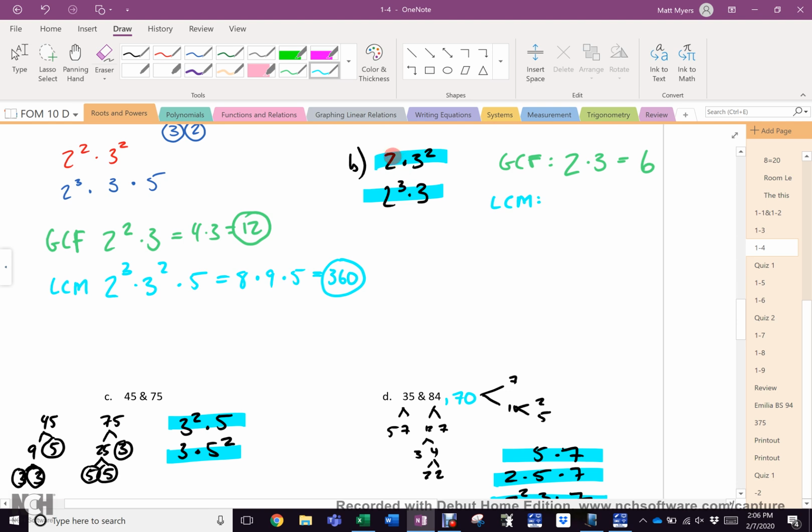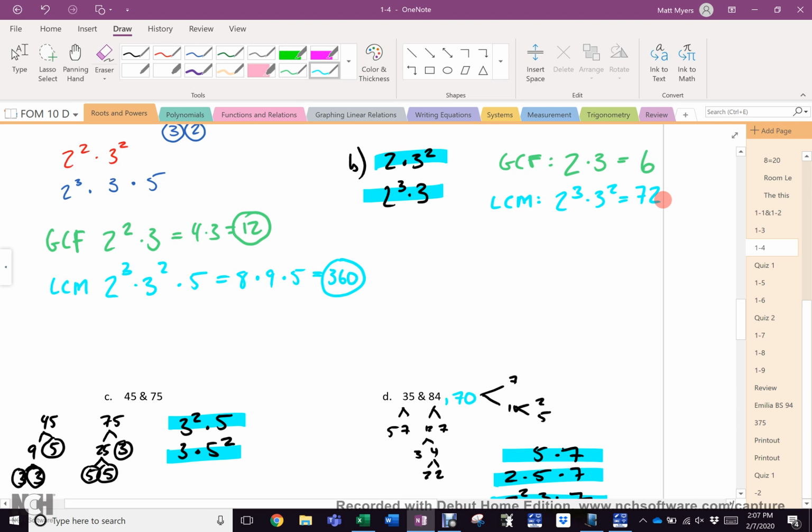I don't need to count this 2 because this guy covers this 2. So I need 2 cubed. This squared covers this 3, so I need 3 squared. 2 cubed is what? 8. 3 squared is? 8 times 9 is? 72. And it's done.